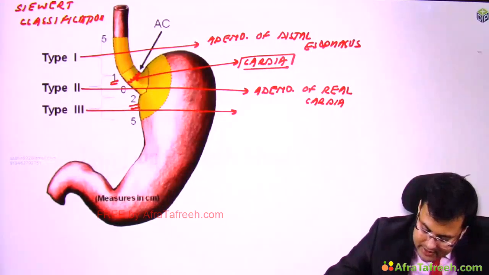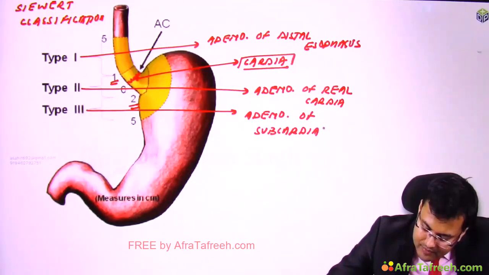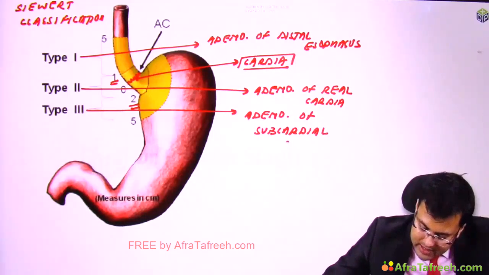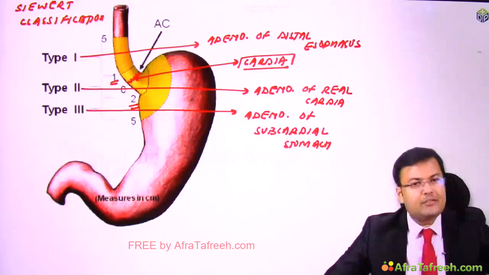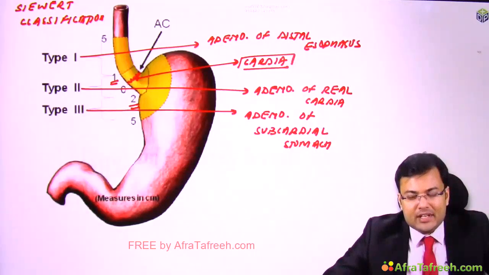This type 3 is adenocarcinoma of subcardial stomach. And can you see the location? It's from 2 to 5 centimeter below cardia. So these are the 3 types of Sievert classification.